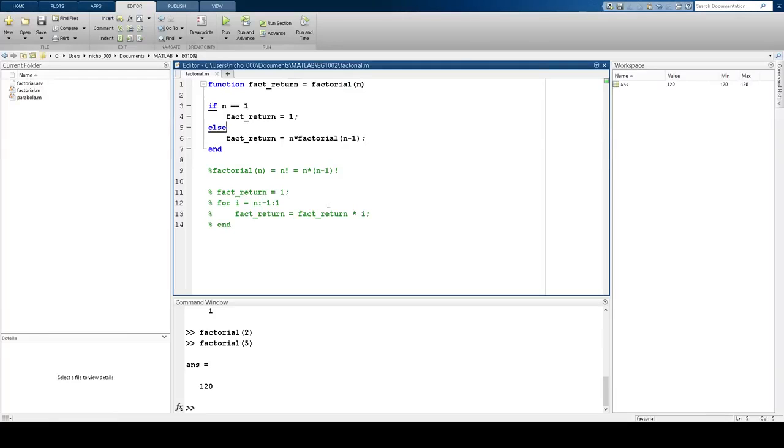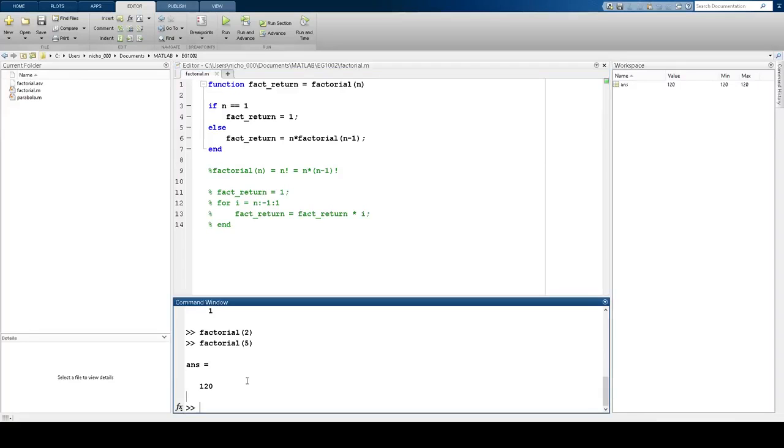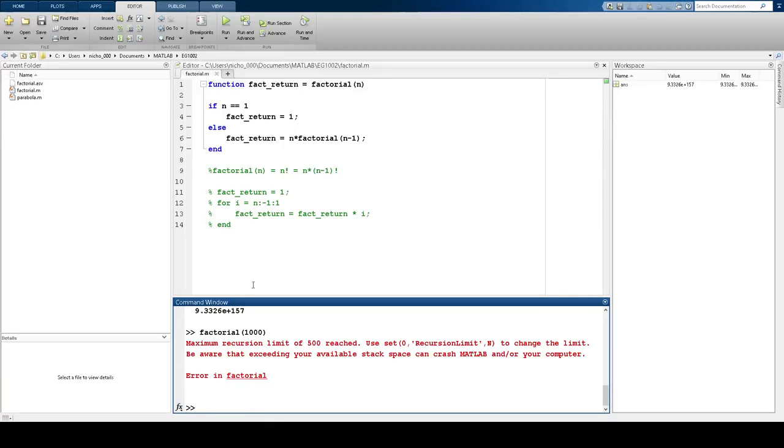It's just a different way of writing the same thing. Now, for this particular example, writing it recursively probably isn't hugely beneficial. In fact, it's probably the worst way to handle it, because if we do, say, a really large number, I don't know if 100's big enough, 100 is big enough, to 1,000, maximum recursion limit of 500 reached.